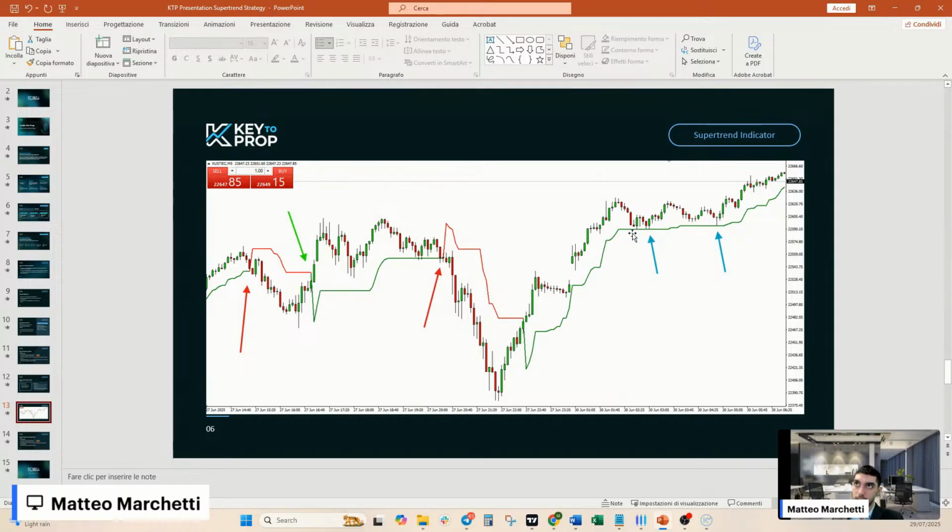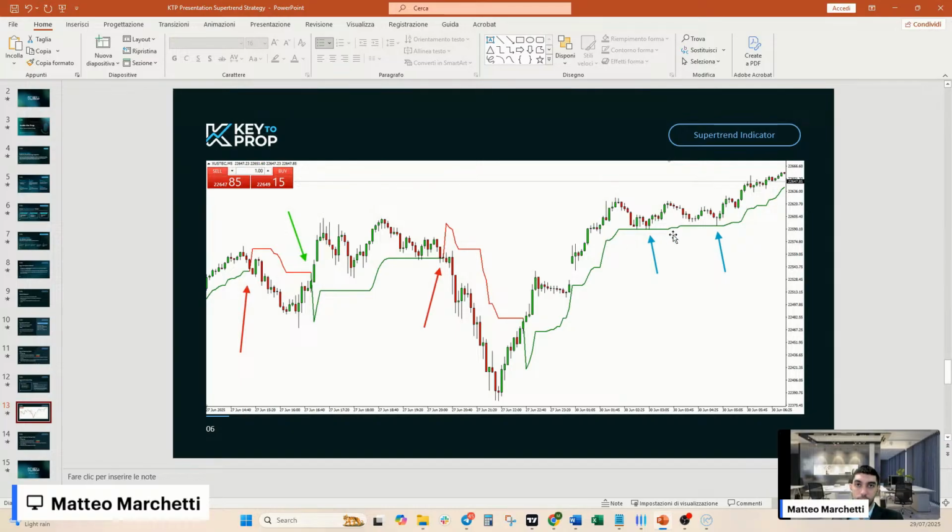When it's static, like when it remains at the same level for a certain period of time, and the prices retrace and try to create a kind of pullback on the super trend line, this is a very interesting long opportunity.